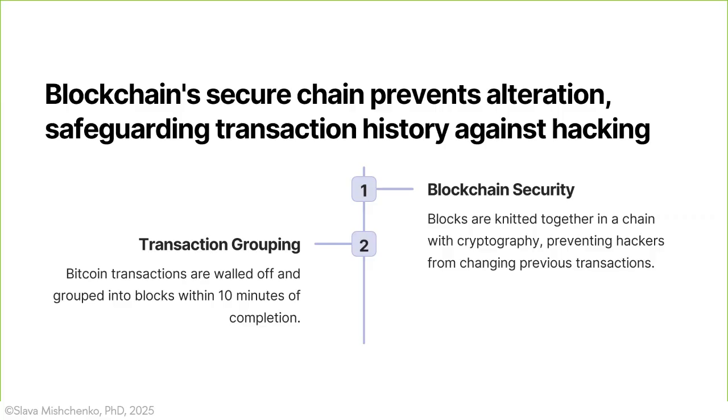So if a hacker wanted to change a transaction from the last week, they would need to recalculate every single block that's been added since then, and do it faster than new blocks are being created. Therefore, the computational power required makes this practically impossible. And this is why I often tell my students that blockchain isn't just secure, it's revolutionizing our entire concept of digital security.